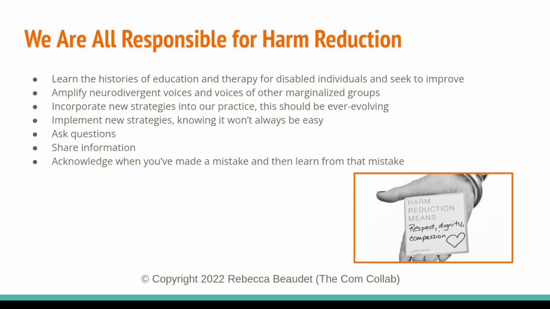So in all of these neurodiversity affirming shifts that we can make, it's important that we all are part of harm reduction. So it's all of our responsibilities. Whatever field we work in, education, therapy, behavior analysis, it's important that we know the history of our fields and the history from the population we serve, the histories from their perspectives.